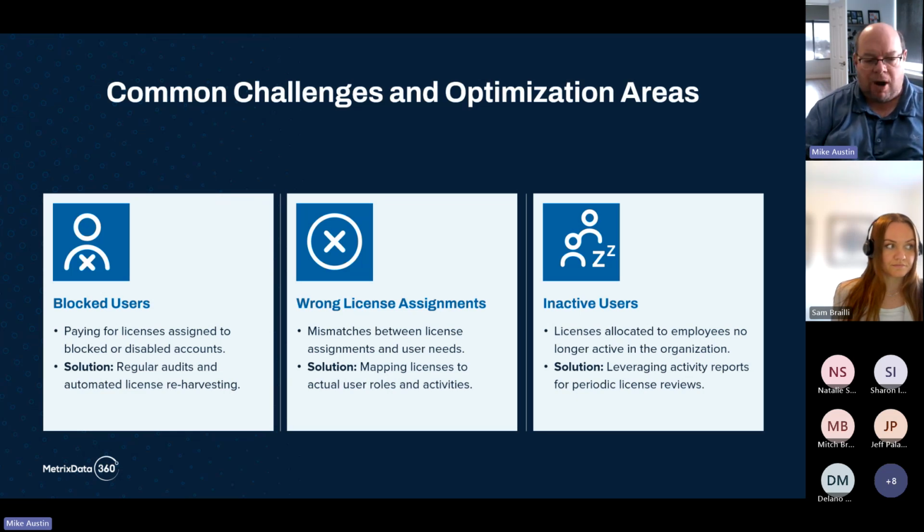They want to have access to their mailboxes or their team sites. There are better ways to be doing that, but they'll leave E3s and E5s on them. And if you take a look at your O365 spend, we on average see anywhere from 2 to 7% of licenses that are being consumed in the O365 status sitting in blocked users.